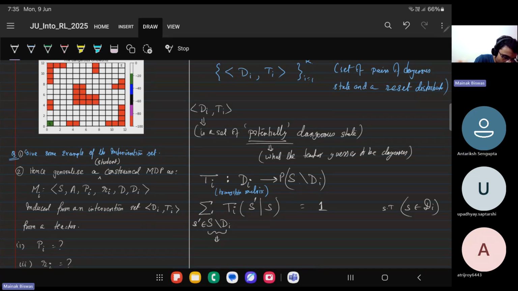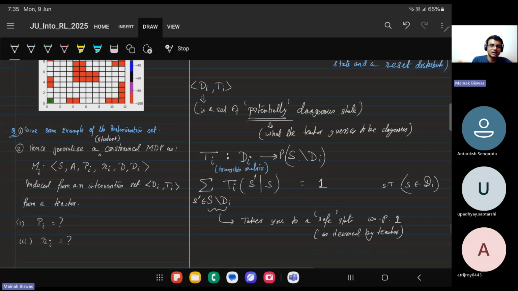Yes. So the T_I takes you to a safe state, with safe within quotes as deemed by the teacher, with probability 1.